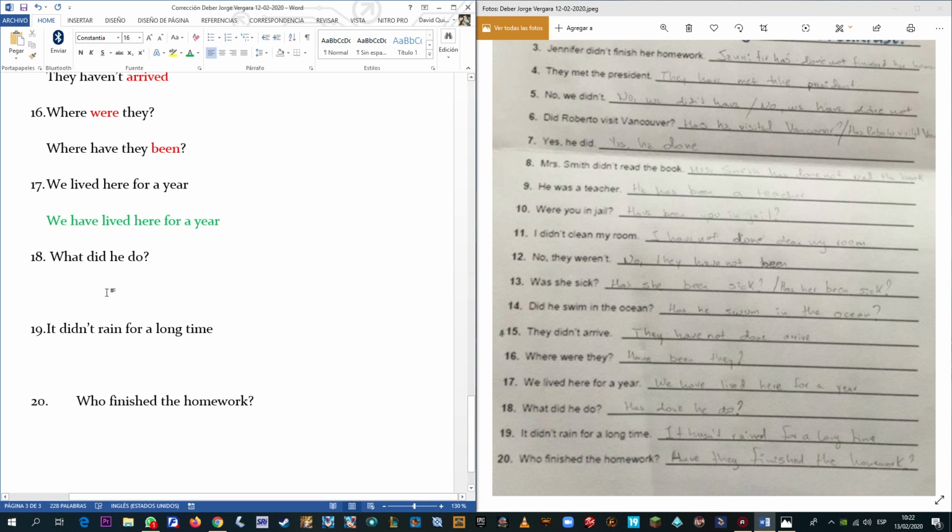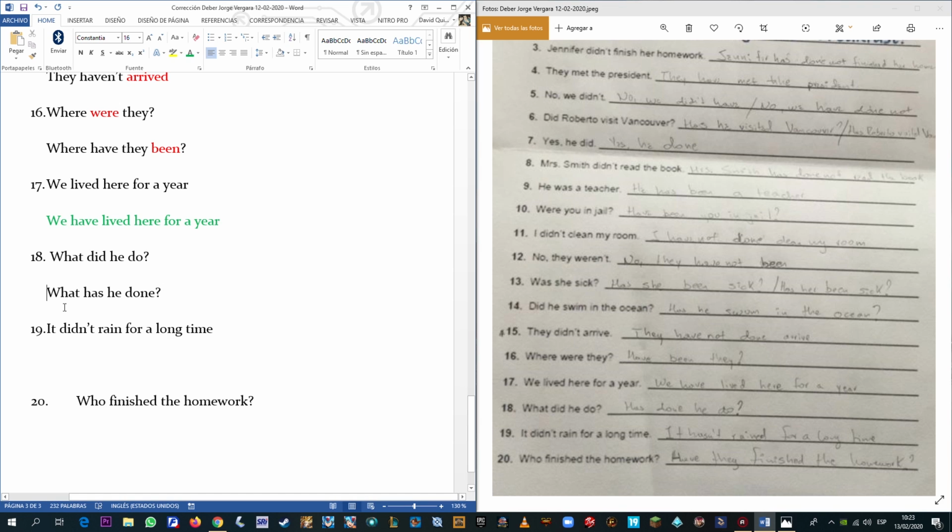So now let's correct the 18th question, and it says, what did he do? The answer that our student has written here is, has done he do? What do you think? Is this correct or not? I think it is not, because the WH question should be kept. It means that we should conserve it, that we should use it in our transformation. And then, what has he done?